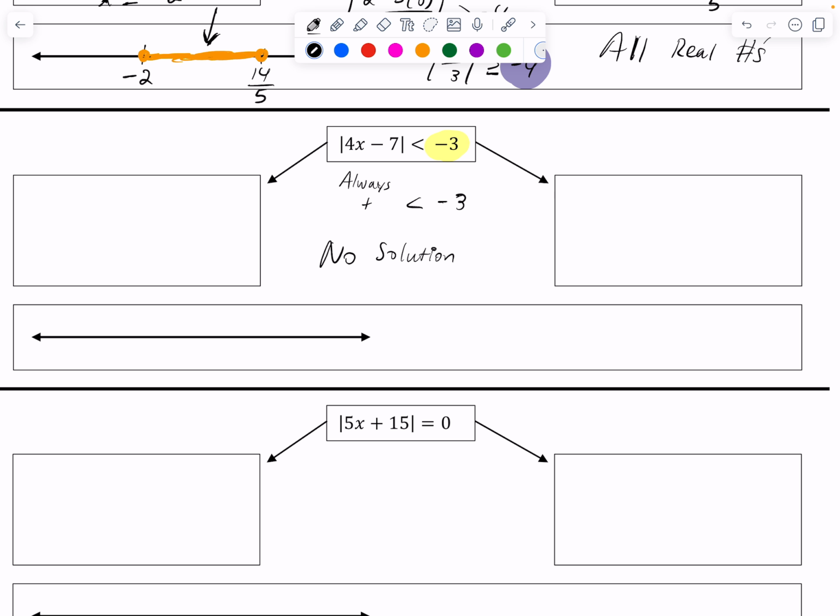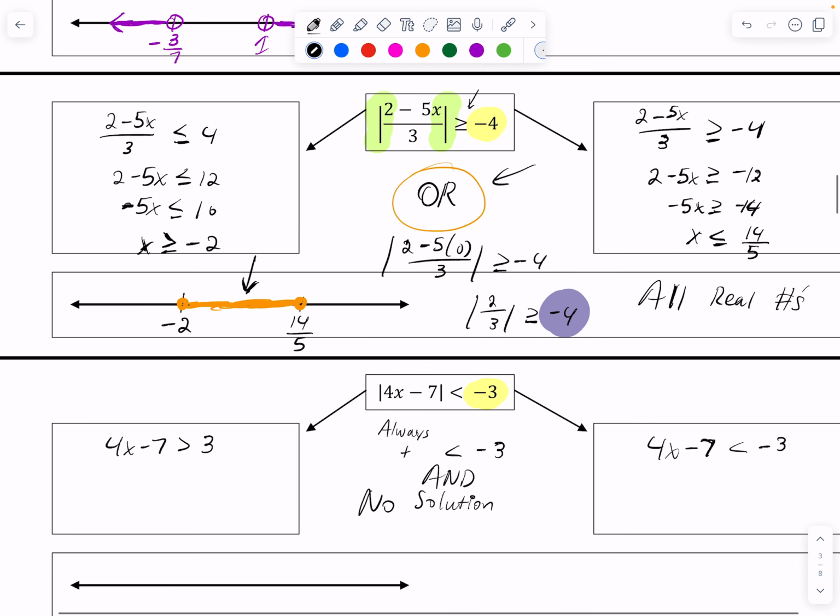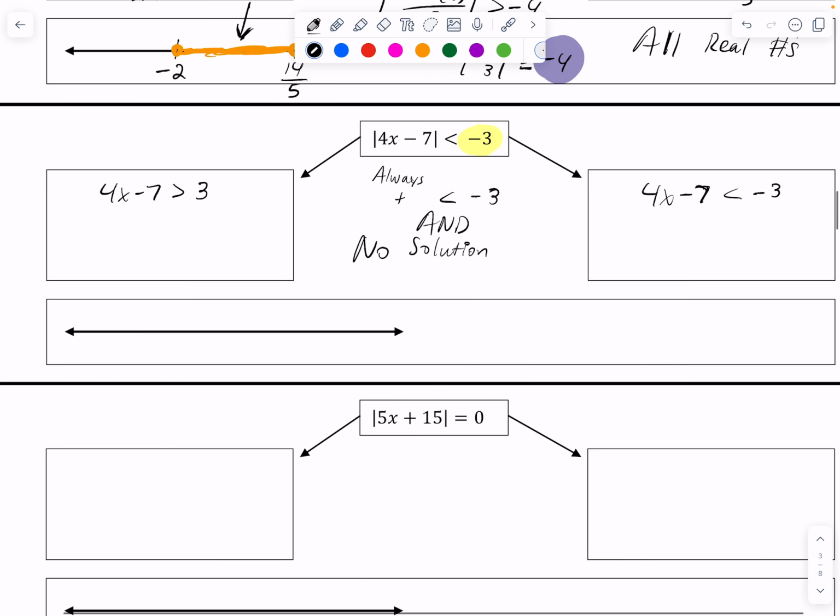Okay, so this is less than, so I'm going to write 4x minus 7, and I'll put and there, is less than -3. And on this side, 4x minus 7 is greater than +3. Let's move the -7 over with addition. So you get x is less than 1.